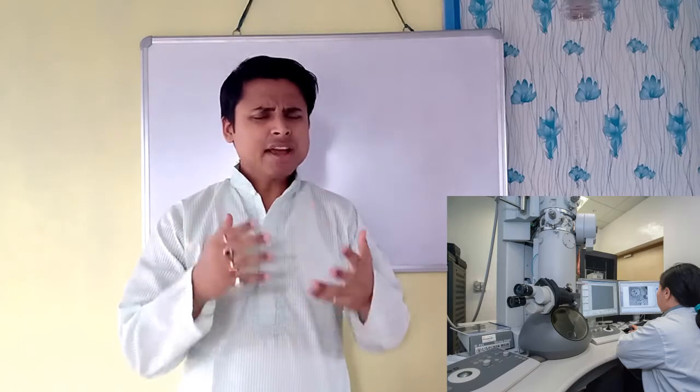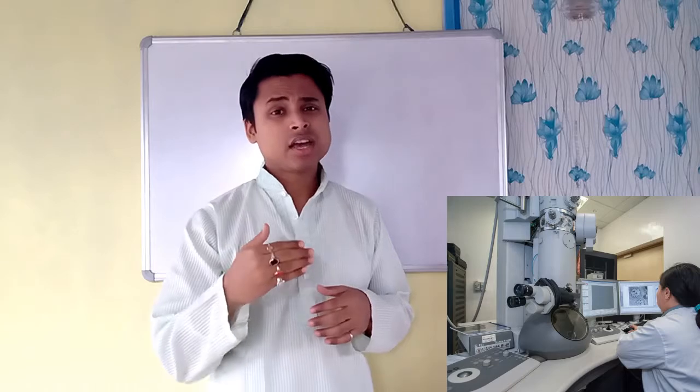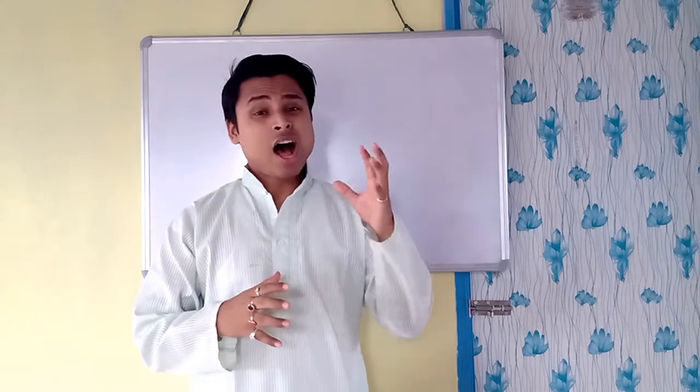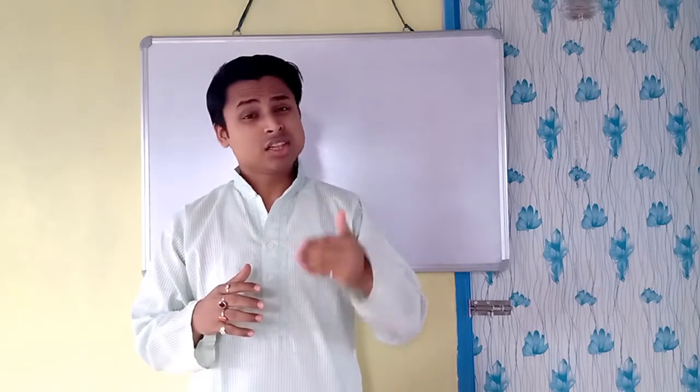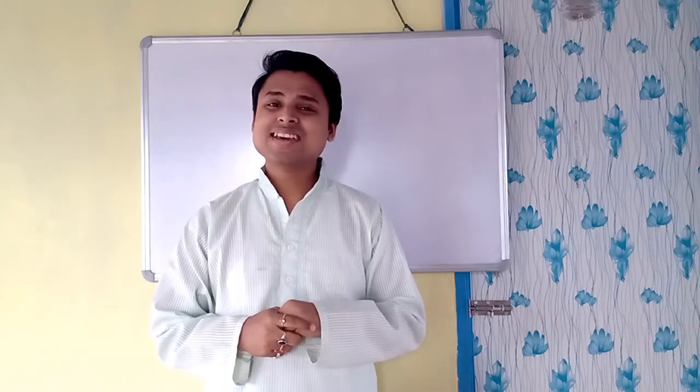The electron microscope was more advanced, and with its help scientists came to know that cells are made up of subparticles, subcellular particles, materials. And in today's video we will see what the cell is made up of.